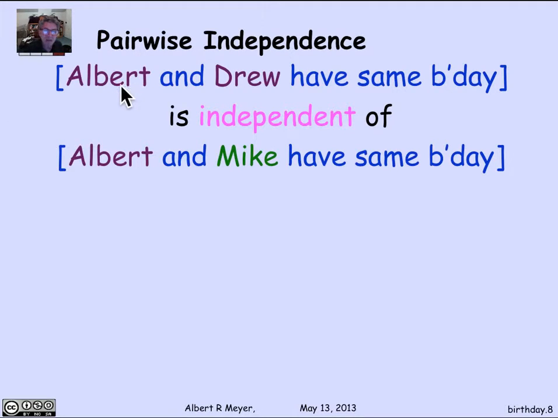And now, once I know that they match and therefore are more likely to have the common birthday than they would have without any information, I know that Albert is more likely to have this common birthday than otherwise. And that means that Mike is even more likely to match Albert because Albert's got the common birthday than Mike was to match Albert without any further information about what Albert's likely birthday was.